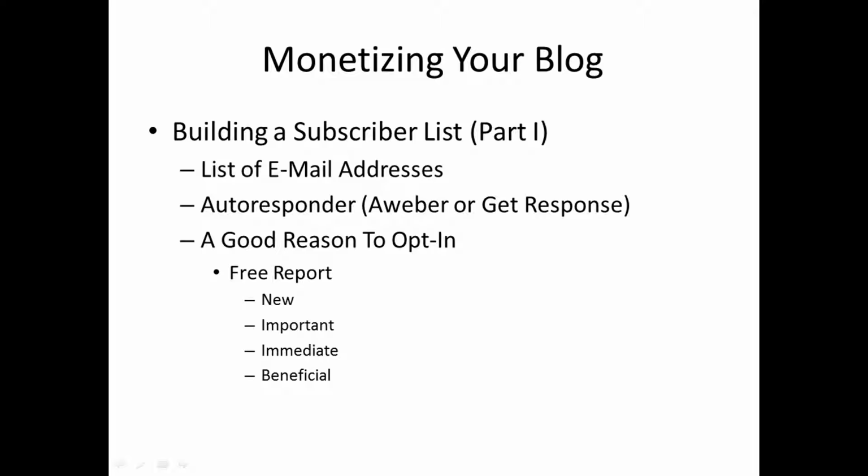Now, there are several ways to monetize a list, but one of the ways to think about this is that when you have a list of names and email addresses, every time you create new content, you can send thousands of subscribers to see your actual post and to react to it.